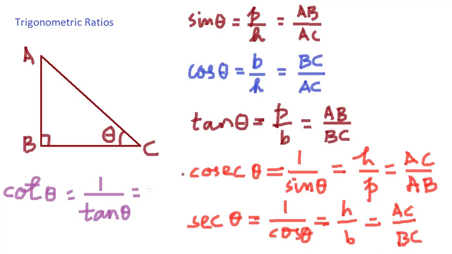Since tan theta is P by B, cot theta will be B by P, and since P by B is AB by BC, B by P will be BC by AB with respect to this given triangle ABC.